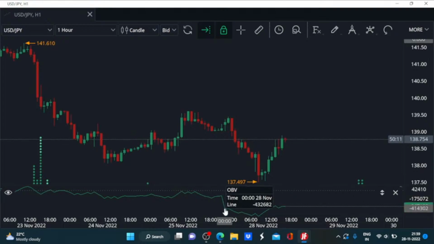As you can notice here, the difference between these prior three candles needs to be taken into consideration. If we look at it, the difference between the prior candle, the second last candle and then the last candle is quite high compared to the difference between the second last candle and the third last candle.